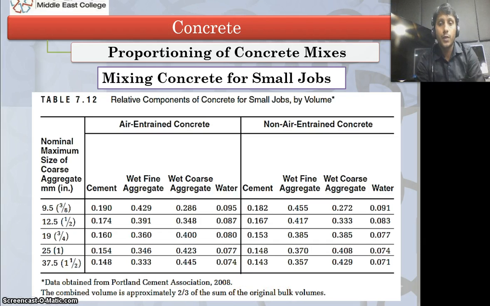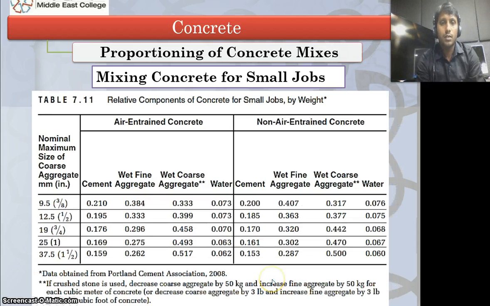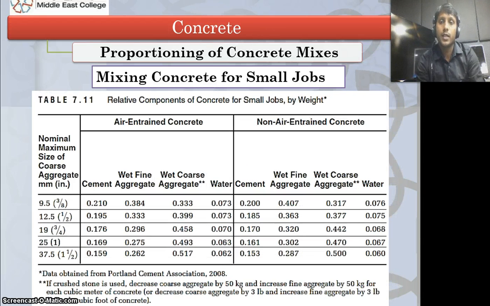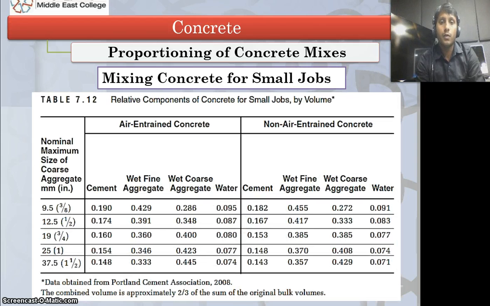In the next video we are going to solve a very small problem, and I'll go through some important things related to concrete. So just remember table 7.11 and table 7.12. 7.11 is by weight, 7.12 is by volume. Thank you.